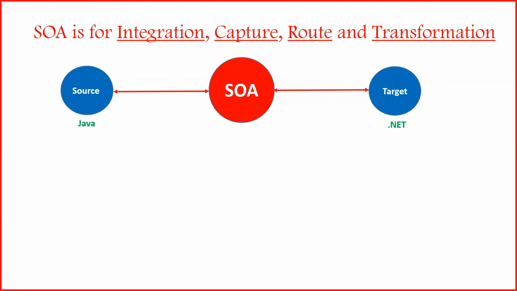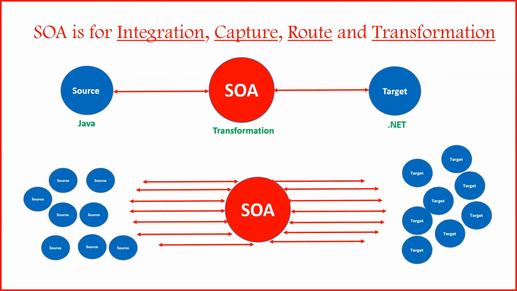In that case, SOA works perfectly because it does the transformation of the messages as well. For example, it takes the messages from Java and makes a certain transformation so that the .NET application can also understand them. This is called transformation. So apart from being an orchestration engine, SOA is a routing and transformation engine as well.